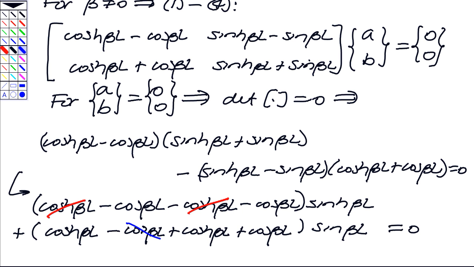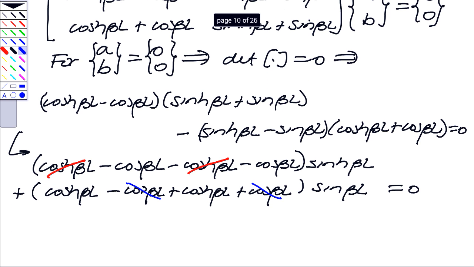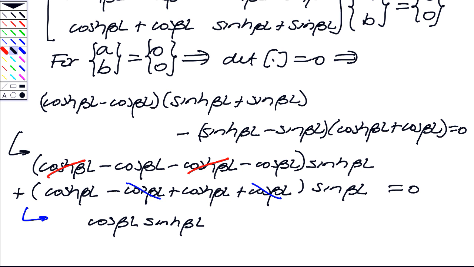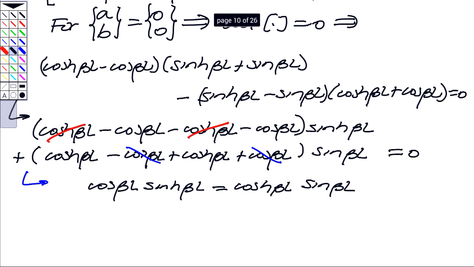This cosine cancels with that. And so in the end, what we're left with is cosine beta L sinh beta L is equal to cosh beta L times sine beta L. So that's our characteristic equation.